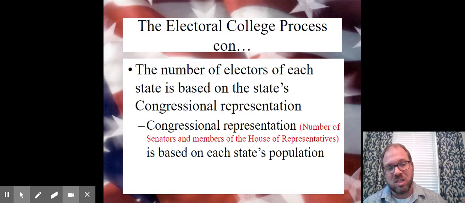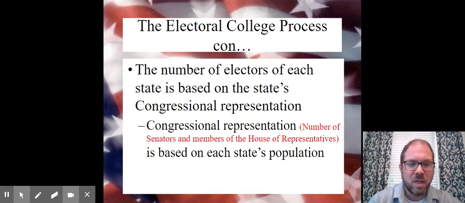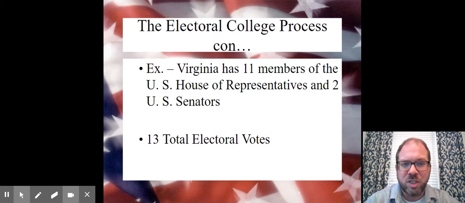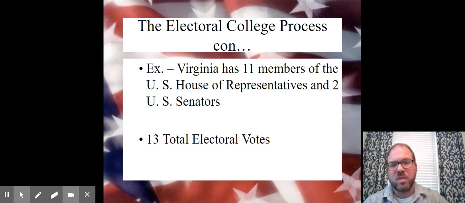Congressional representation is based on population, and then that gives you the number of electors, okay, in the Electoral College. The states with more population are going to have more electors. Like, for example, California, they have so many. Virginia has 11 members in the House, 2 in the Senate, for a total of 13 electoral votes.